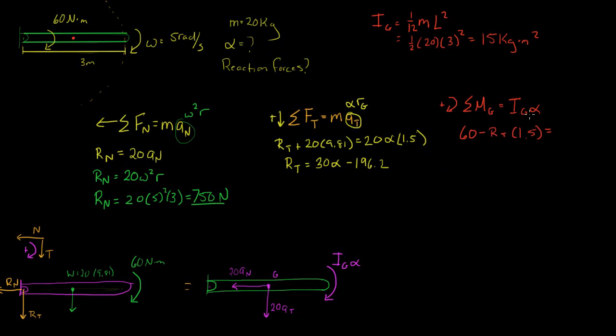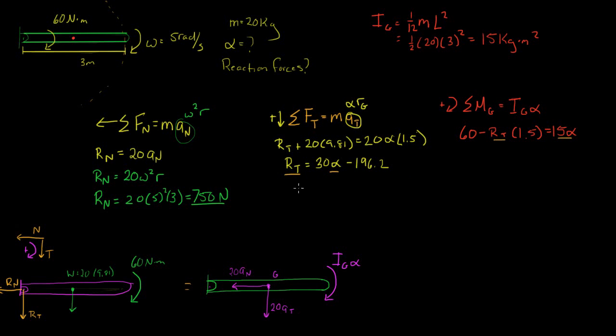And this is going to be equal to the moment of inertia, which is 15, times alpha. And I don't know what alpha is. However, I have two unknowns, my tangential reaction force and alpha, and I have two equations. So I can solve this system of simultaneous equations and get an answer.